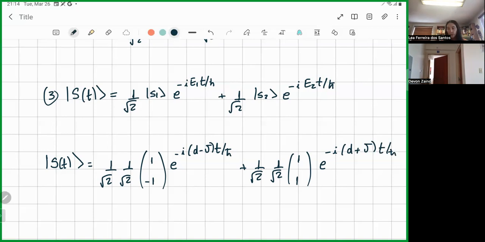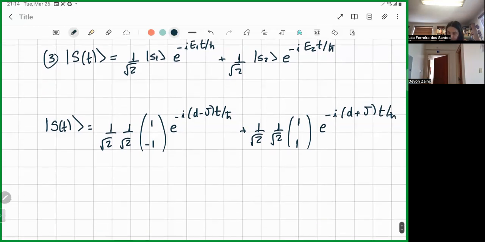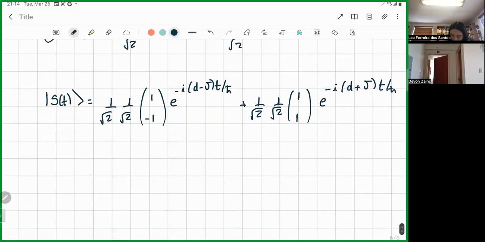Yeah, I'm going to put all these in a single vector. Okay, so let's see. 1 over square root of 2, 1 over square root of 2 gives us 1/2. Now look, for the exponential, this part with the d is the same for both.